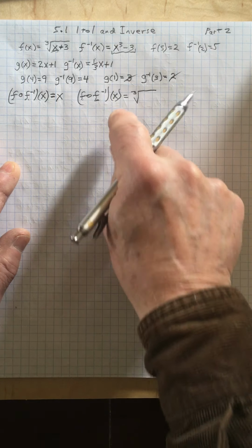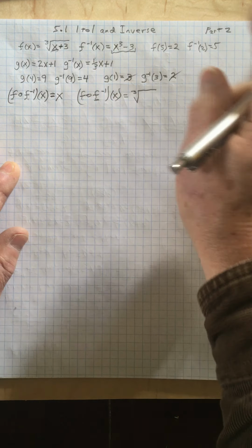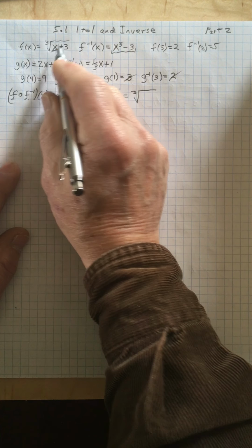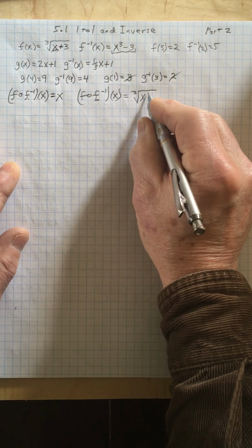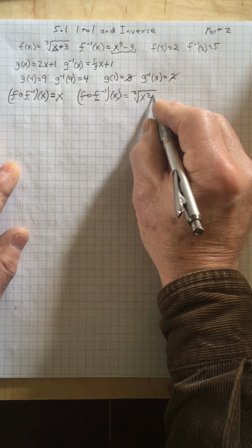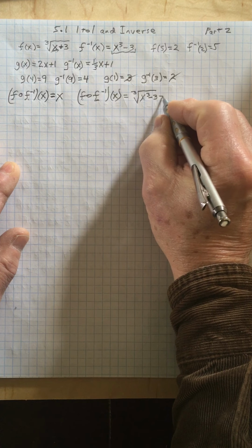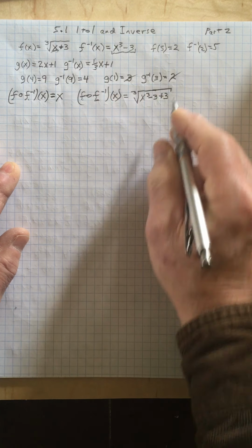Okay, we're substituting this entire function in for x in the first one. So instead of x, I write x cubed minus 3. And then I have this plus 3. So there's the composite function.